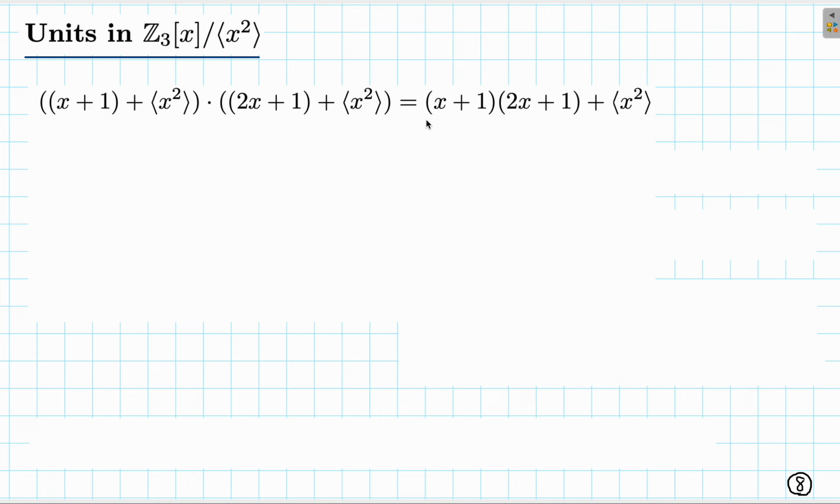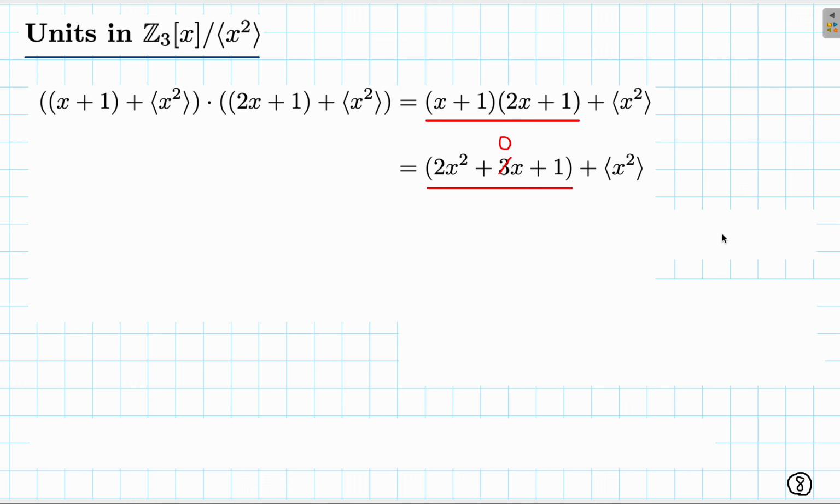Now, expanding this polynomial product, we get the following: 2x² plus x plus 2x, so that's 3x, plus 1 plus ⟨x²⟩. But the coefficients of this polynomial are in Z3, and therefore the 3 here becomes 0. So we're left with 2x² plus 1 plus ⟨x²⟩.